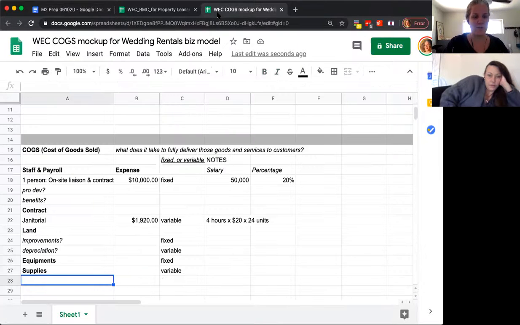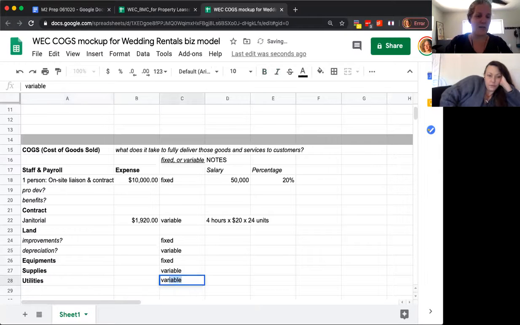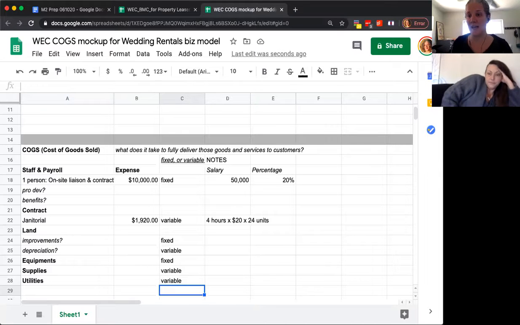Other things to consider would be utilities, an expense that can be considered. Again, it's a little flexible, there are different ways of doing this. You can treat your utilities as variable and actually calculate it for each wedding. If you have a baseline of how your utilities go up with each wedding, like if you actually are measuring that, you can put a variable amount here.